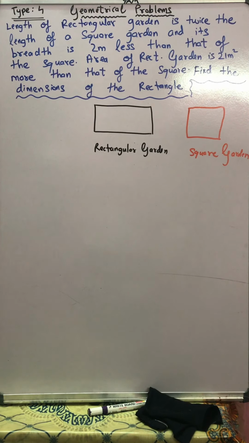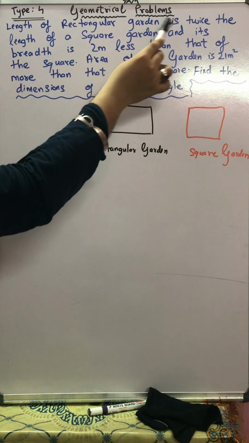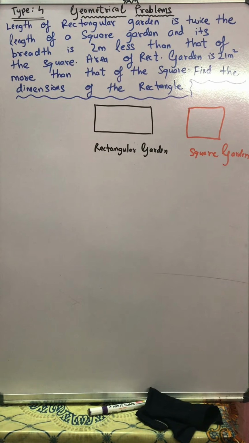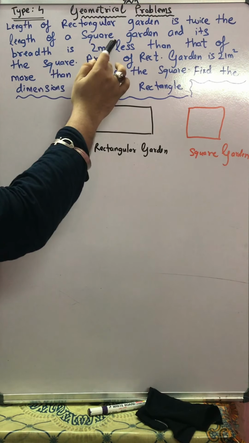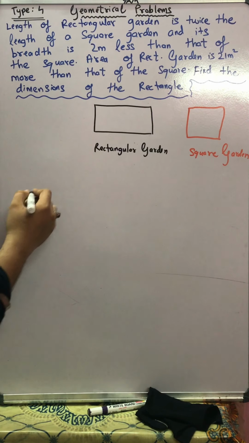Now let's write the dimensions and what they are speaking about. Let's read once again. Length of rectangular garden is how much? Twice the length of a square garden. Twice the length of a square garden. Before this, I'll tell you one thing.